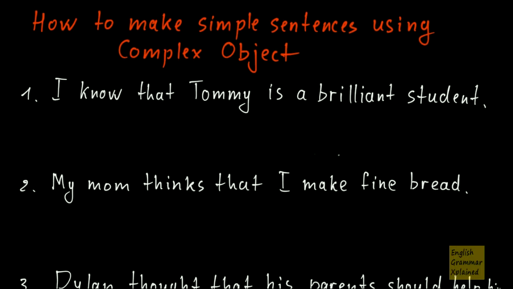Let's remind ourselves what complex object consists of. It consists of subject, just a little piece of theory here, then main verb, and then object number one, and then object number two.